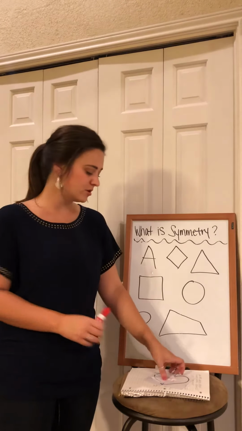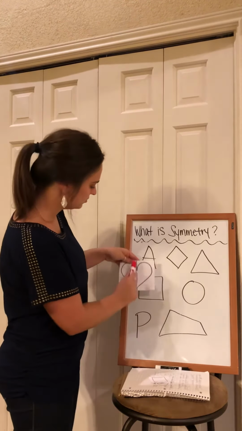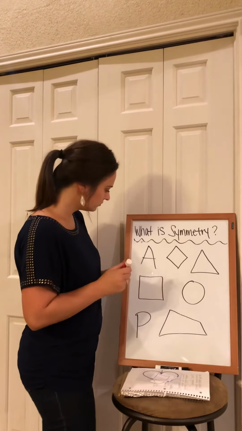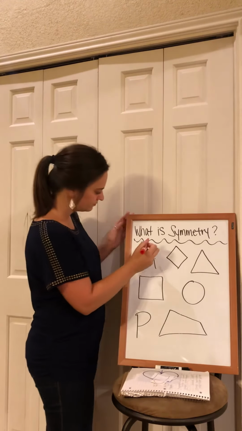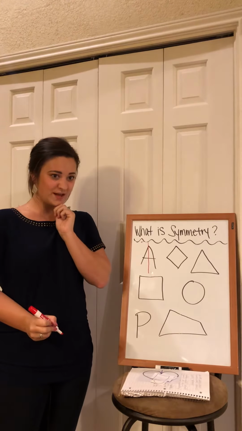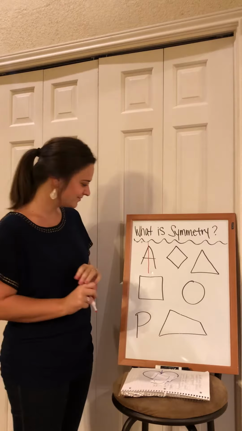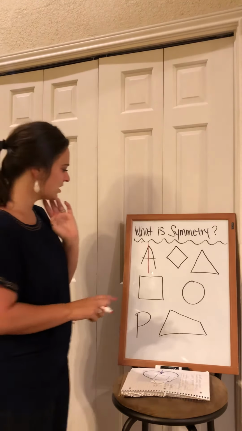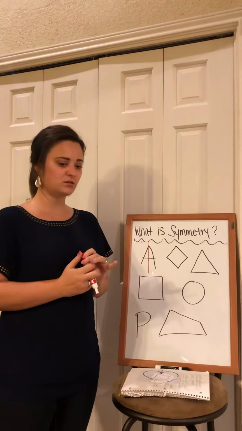You think straight down the middle like the heart was? Straight vertical? Okay. Let's try. Do both sides match? Good job, perfect. Okay, good job. Let's go on to the diamond.